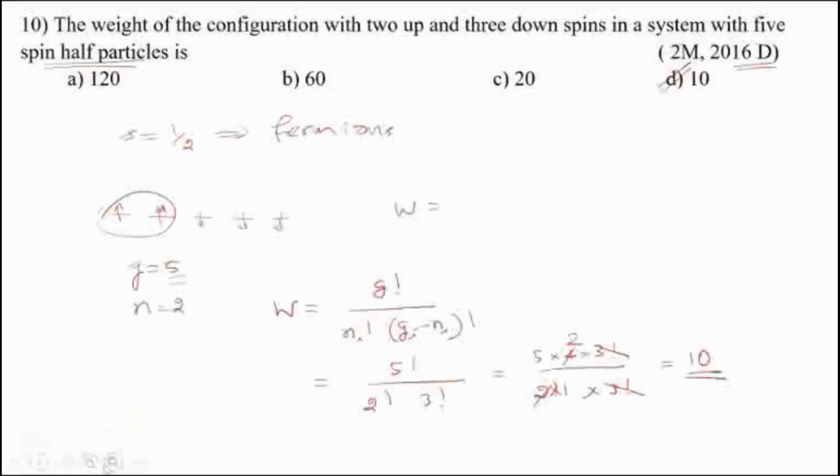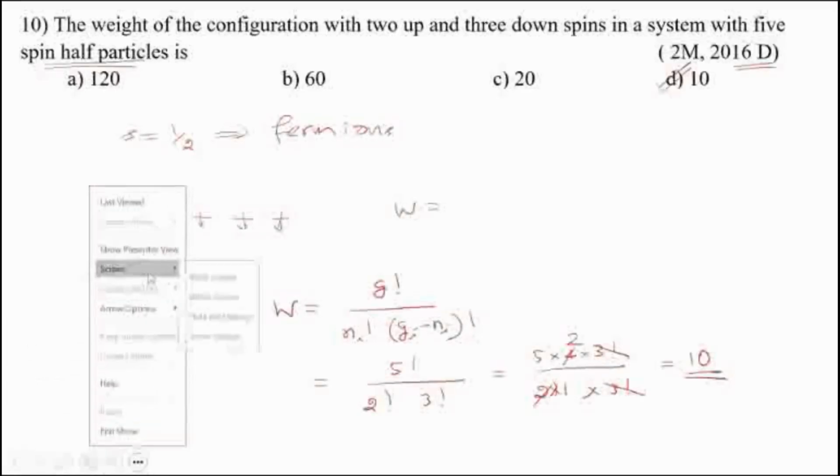So weight of the configuration means we are asked to calculate the thermodynamic probability with 2 up and 3 down spins, 2 up spin, 3 down spin, in a system with 5 spin half particles.